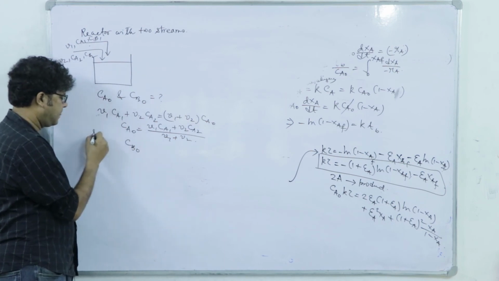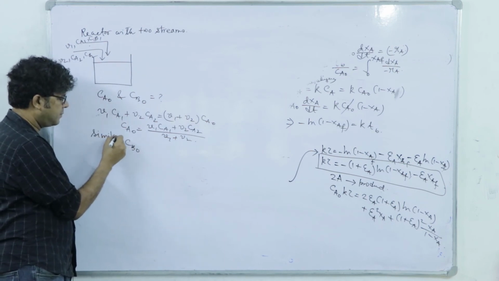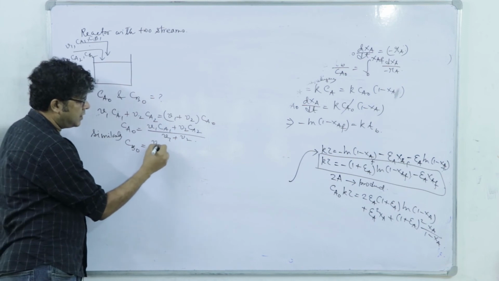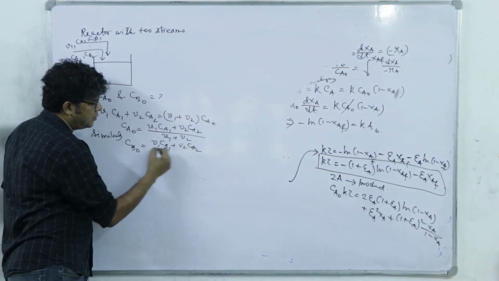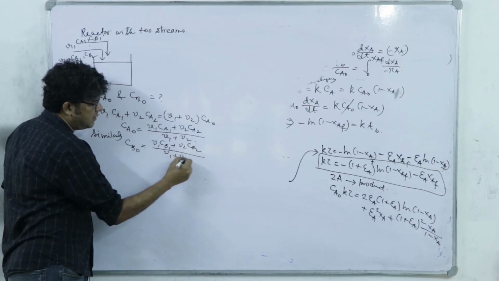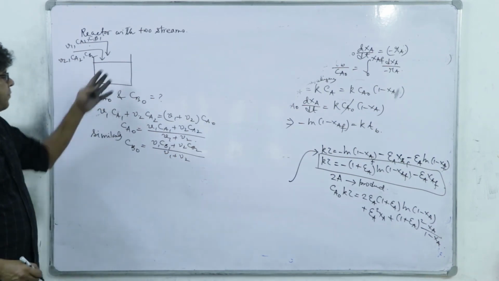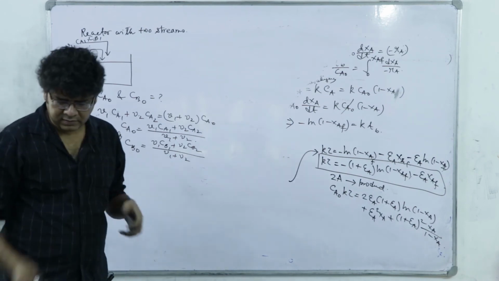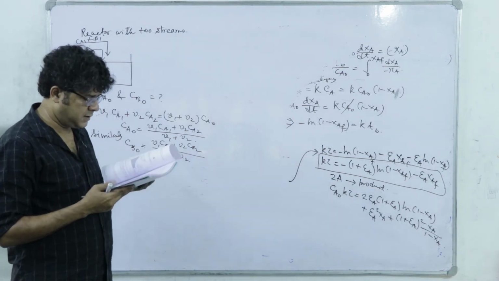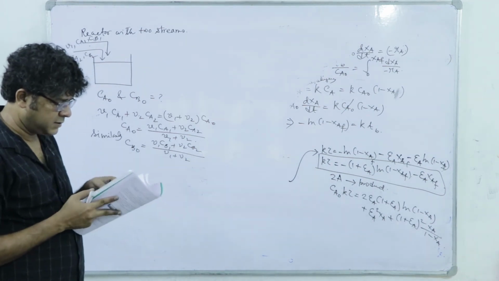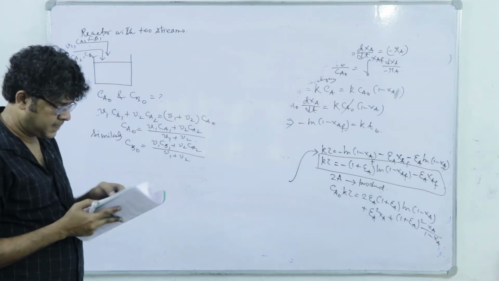Similarly, Cv0 equals V1 Cv1 plus V2 Cv2 divided by V1 plus V2. Right. So that technique we have to use to solve for this Ca0 and Cv0, and with that we will further go for solving problems.